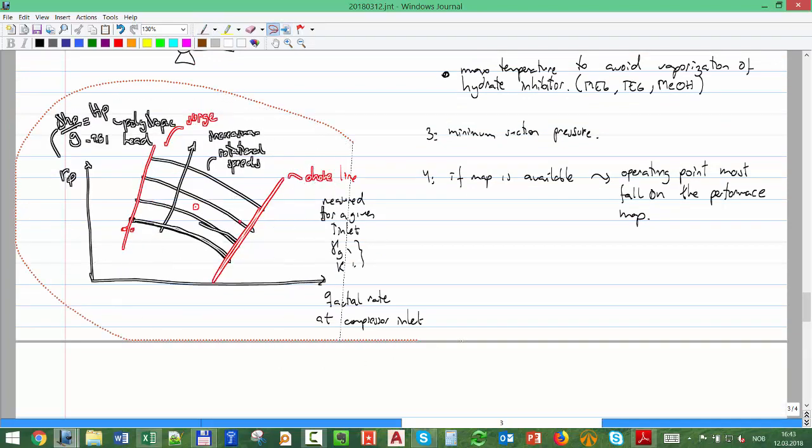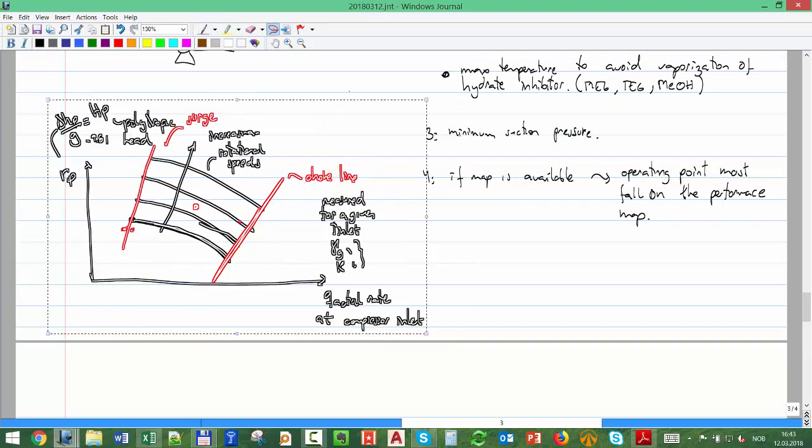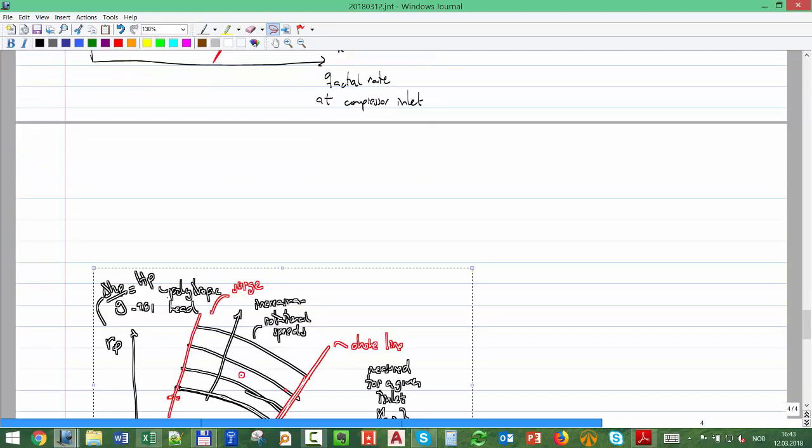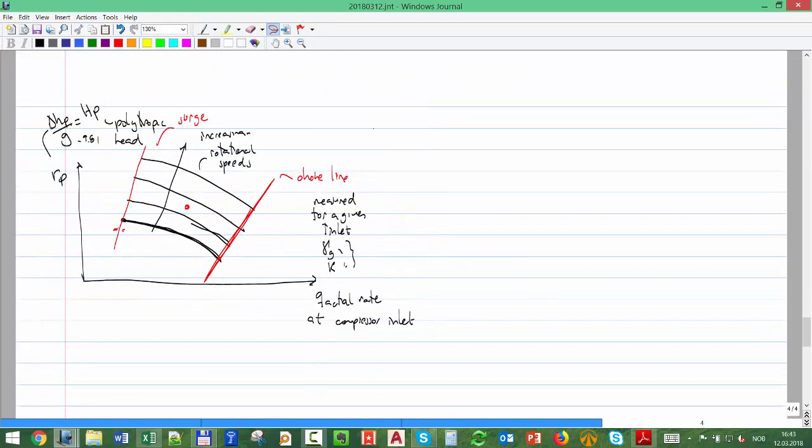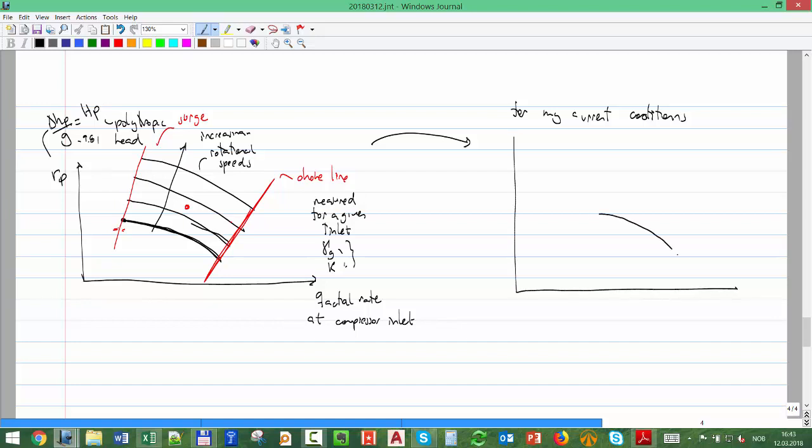I have to use a transformation for my current conditions. It won't be exactly the same, but the points will be shifted a bit to the right or to the left, depending on my correction.